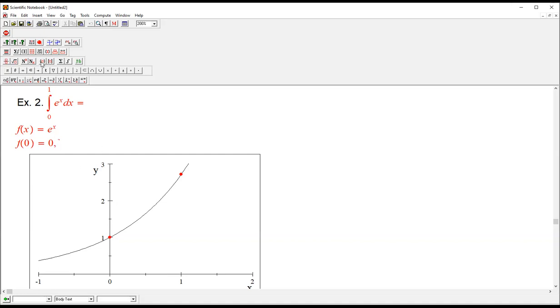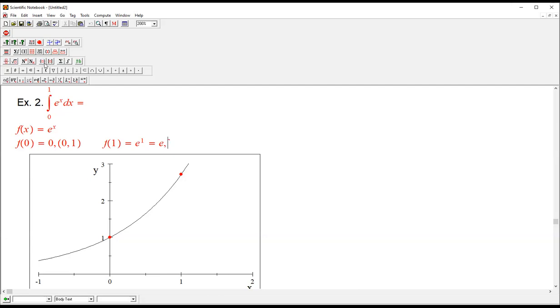So that point is (0, 1), right? And the next point is f of 1 equals e to the power of 1. That equals e.